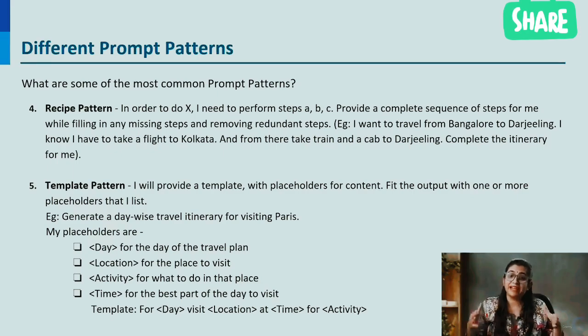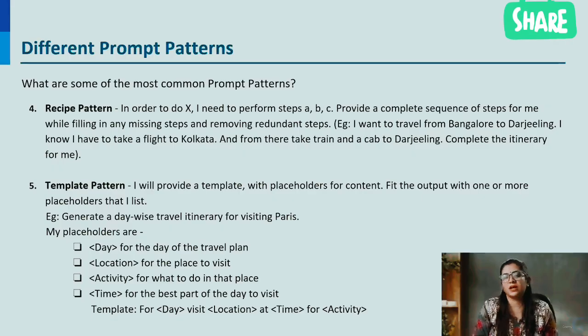This is my entire template, and how I want the output is indicated: for day, visit location, at time, for activity. So if ChatGPT generates, it will give you for Monday, visit location X at time noon, for activity visiting museum, for example.